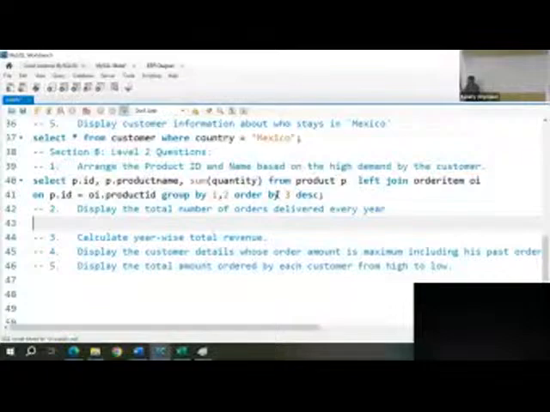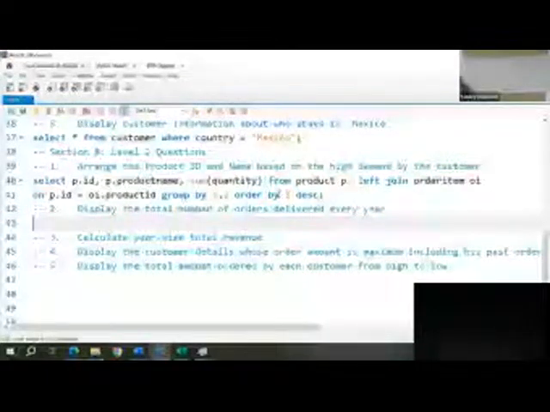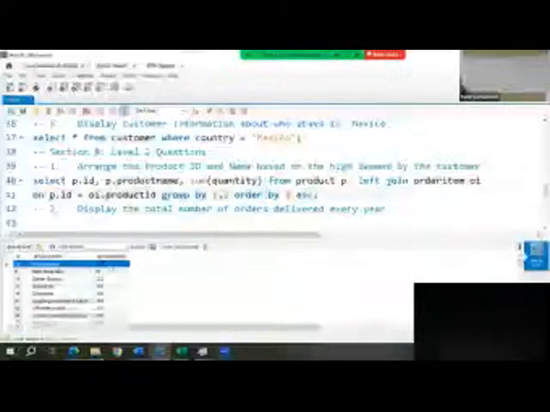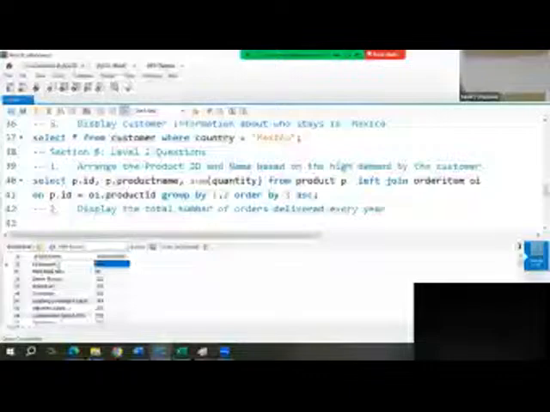Is there any product that has never been ordered? Let's do ascending. Yes, there is one product that has never been ordered at all: Stroop waffles. This product has never been bought by anybody. Did you notice something? When I do count, if there is no count, I'm getting 0. When I'm doing sum, if there is nothing to sum, I'm getting null.